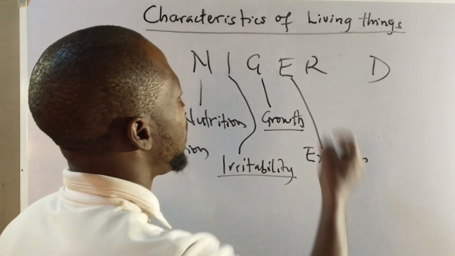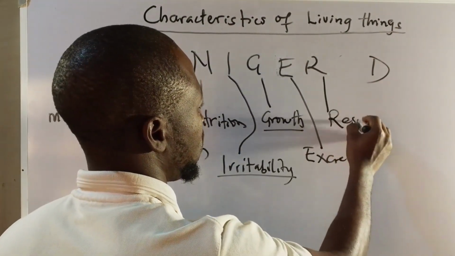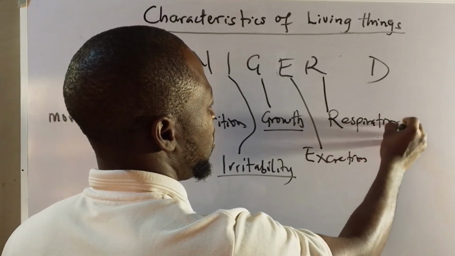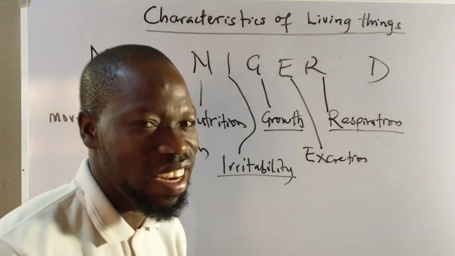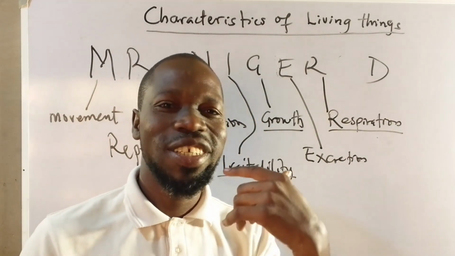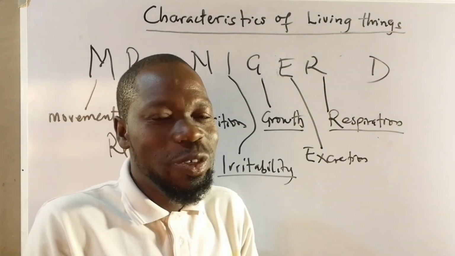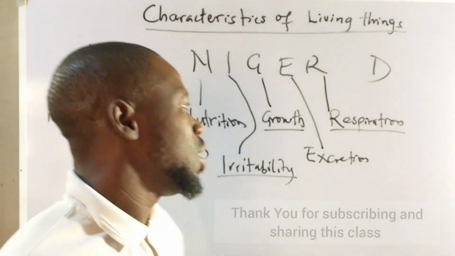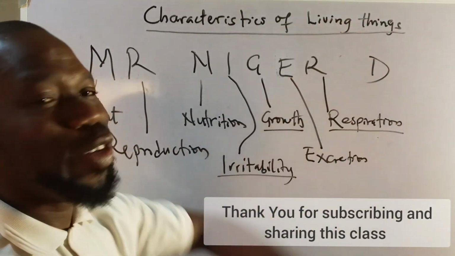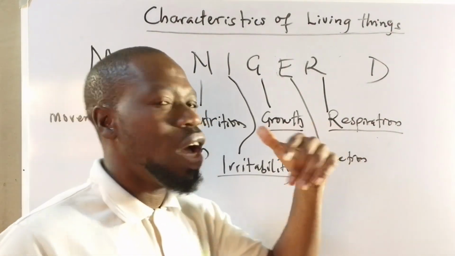Then you have respiration. This is very important because especially in animals, once they choke you, they close your nose and you cannot take in oxygen and take out carbon dioxide. If they just do that for a few minutes, the person can change from being a living thing to a non-living thing. One of the key characteristics of a living thing is the ability to respirate.